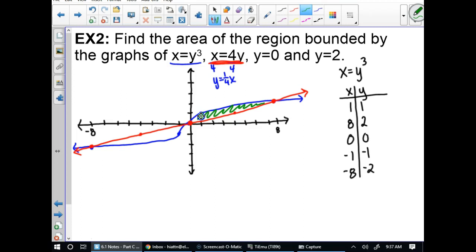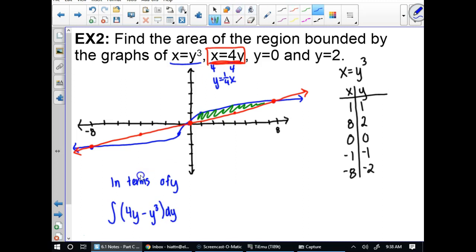The reason the y's are a little bit easier here is because both of your equations are already solved for x, so it's already in terms of y. So if I'm trying to do this in terms of y, then I would do the integral of 4y, because it is always furthest to the right, minus y to the third, and I would put a dy over here on the end.